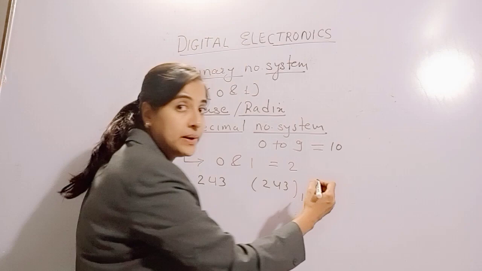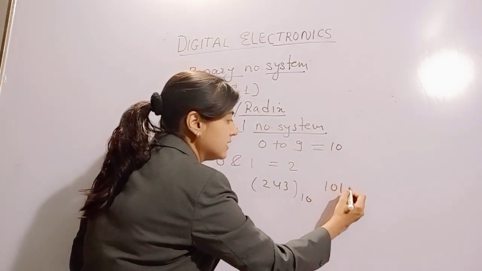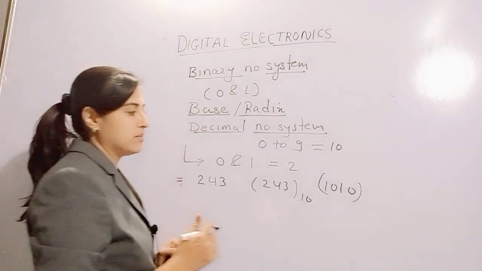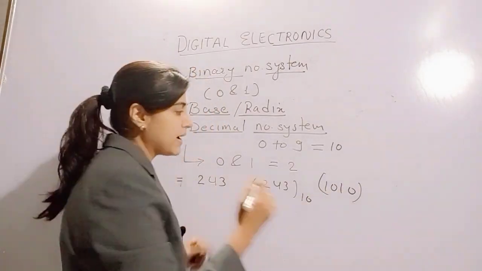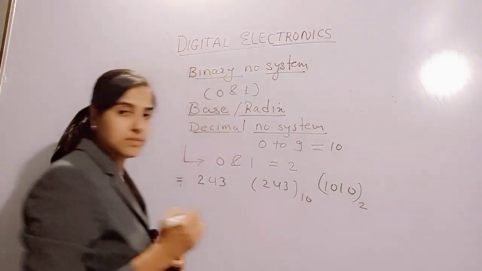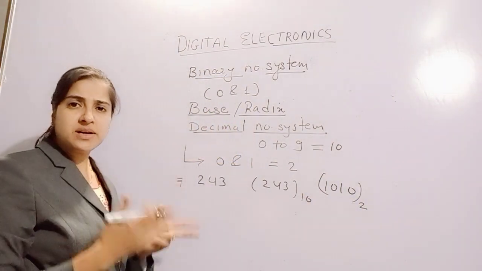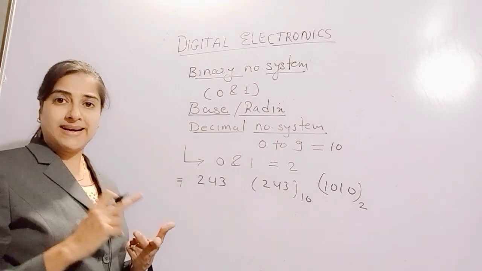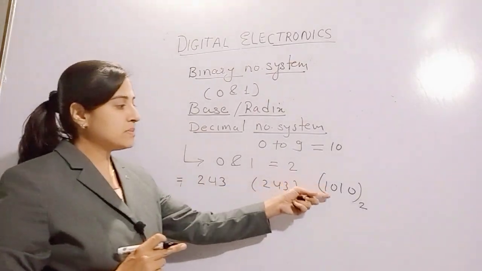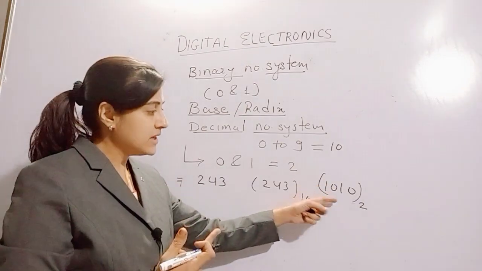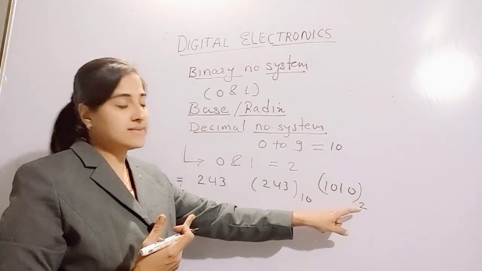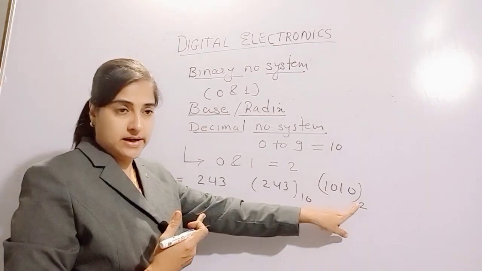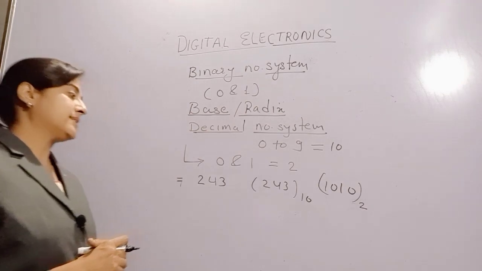If I have a binary number, don't bother about the value of this number for now, this is a binary number, so I can represent it with a subscript 2. There are different number systems which we are going to study in our next lectures: octal number system, hexadecimal number system. In the octal number system, as the number of symbols is 8, we write 8 here. In hexadecimal, the total number of symbols is 16, so we write 16 here. That will be covered in the next lectures.